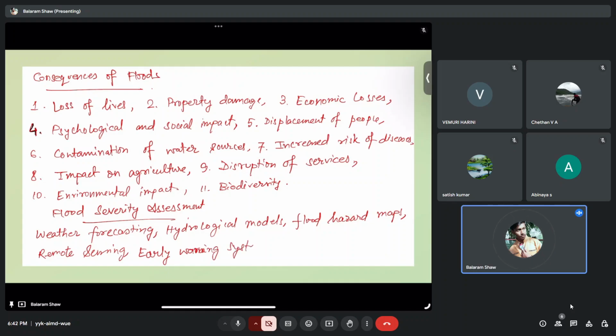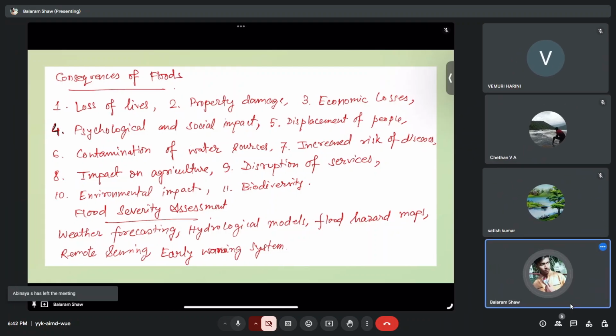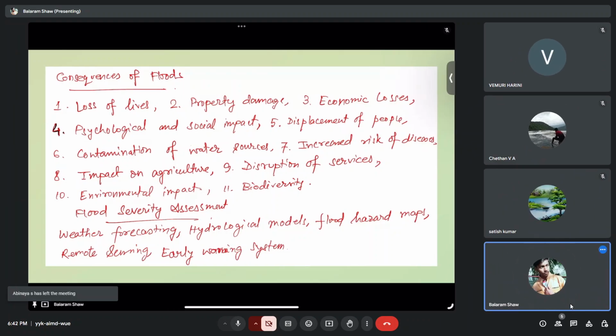With this early warning system, we can inform the local communities that they have to relocate, or some other management practices we can use. Other than that, we can do community reporting, so that the local communities can help in the region where the floods can get affected or the water levels are increasing and so on.